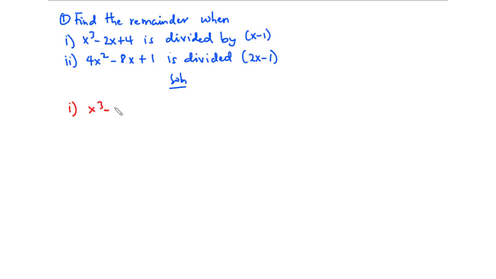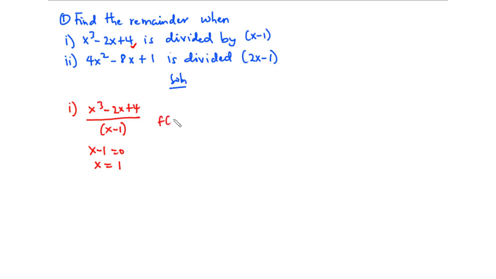For x cubed minus 2x plus 4 divided by x minus 1, to find the remainder, we are going to equate x minus 1 to 0. We find the value of x, which is equal to 1. Now we are going to substitute 1 in place of x in this function.